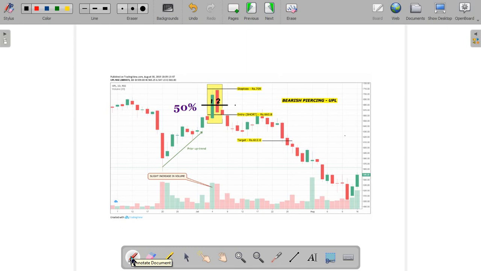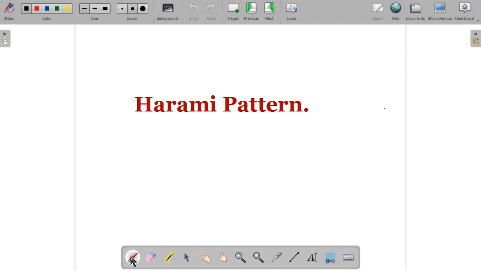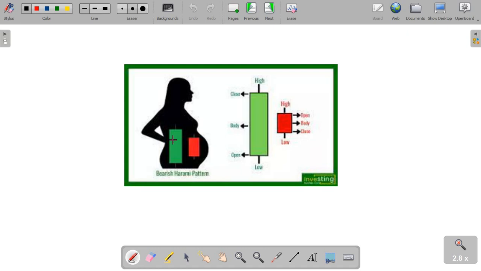Last but not least, strongest of all these, friends, is the harami pattern. Somebody says harami, somebody says harami pattern, somebody says harami patterns. So let us say it as a harami pattern, that will be more decent. And this harami pattern, you see, looks like a pregnant woman.